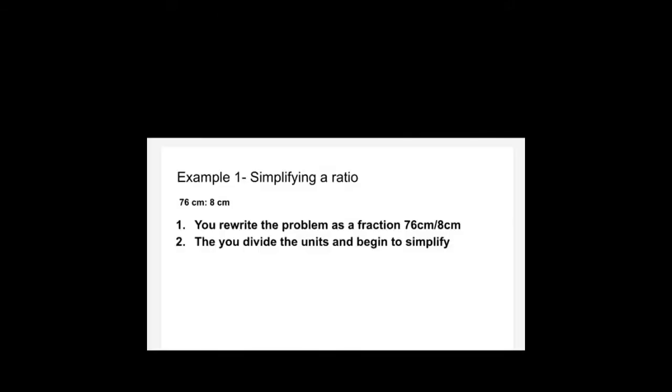Example 1, simplifying a ratio. The expression we have is 76 centimeters to 8 centimeters. First, you want to rewrite the problem as a fraction. So we have 76 centimeters over 8 centimeters. Second, you want to divide out the units and simplify to finish your problem.